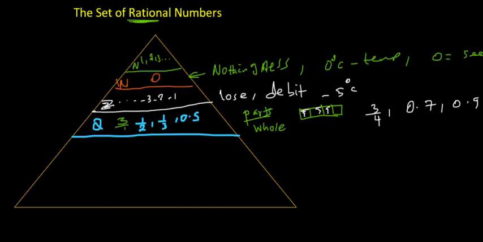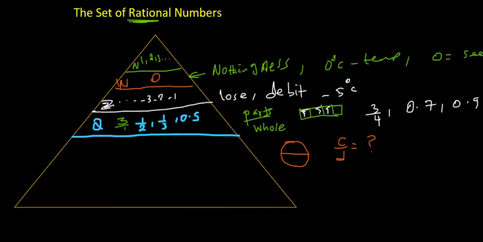But still, this is not the end. Look at this example: if you have a circle and you measure the circumference and divide it by its diameter, you get a constant number.